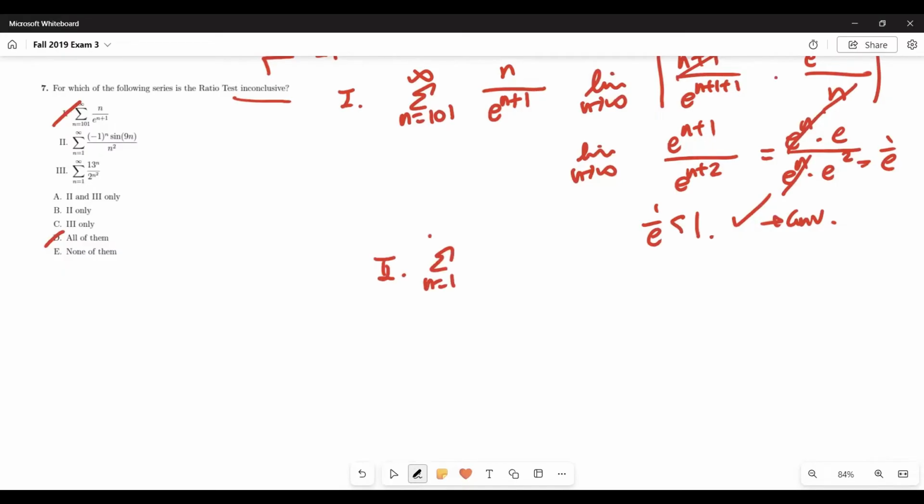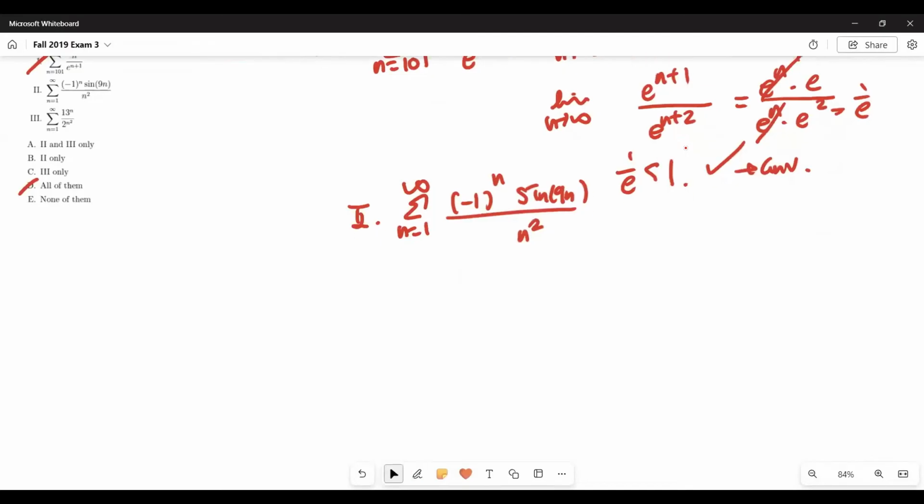The sum from n equals 1 to infinity of (-1)^n sin(9n) over n squared. Using the ratio test again, this will be (-1)^(n+1) sin(9(n+1)), because the 9 is multiplied by the entire parenthesis n plus 1. So you can write that, and then (n+1) squared.